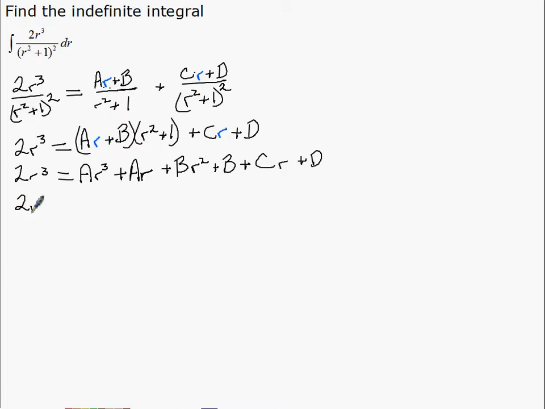So 2r cubed then is equal to, we're going to collect all the similar terms together. So this is ar cubed, there's no more cube terms. br squared, there's no more squared terms. Plus we have ar and cr, so that's going to be a plus c times r.